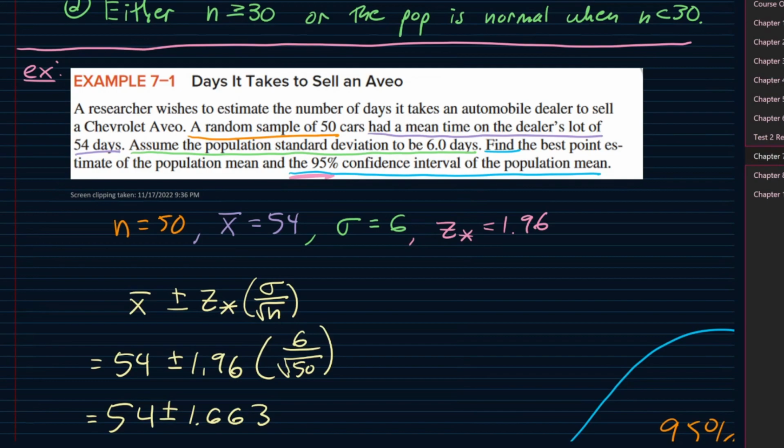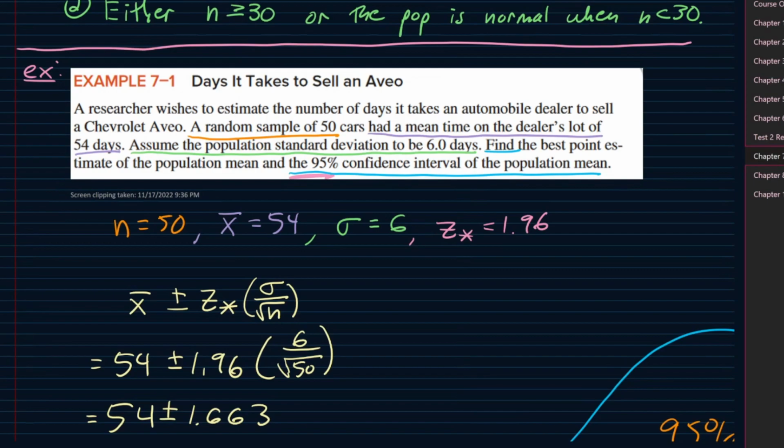N is 50, X bar is 54. Remember, N is the sample size. X bar is the mean of the sample. Sigma is the population standard deviation. And Z star represents the confidence interval that they're telling us. They said use the 95%, which is a Z star of 1.96.